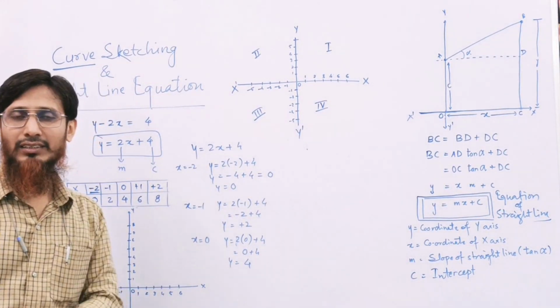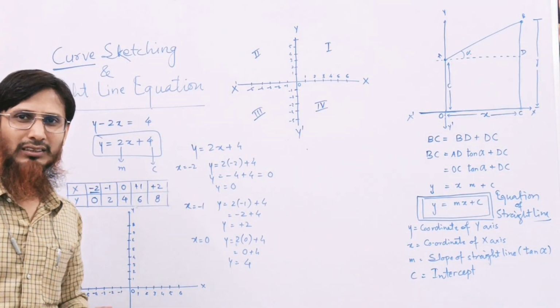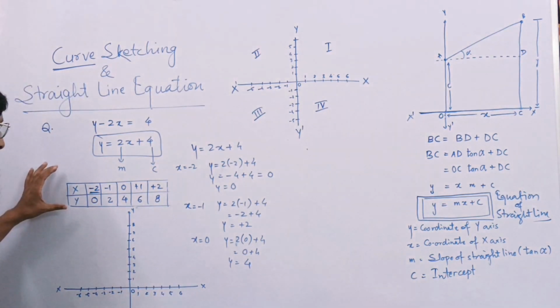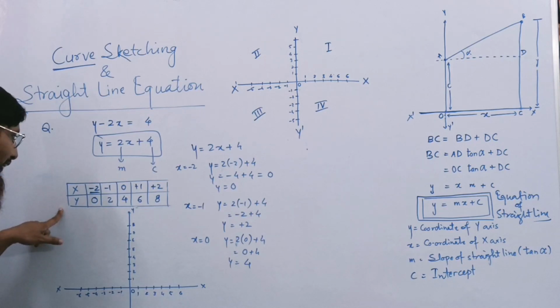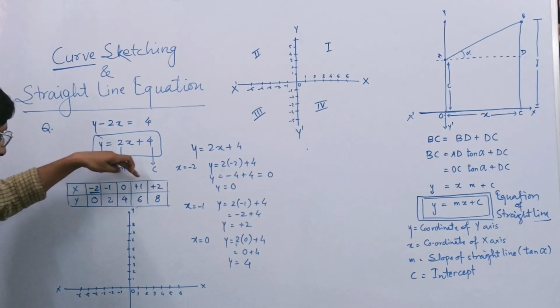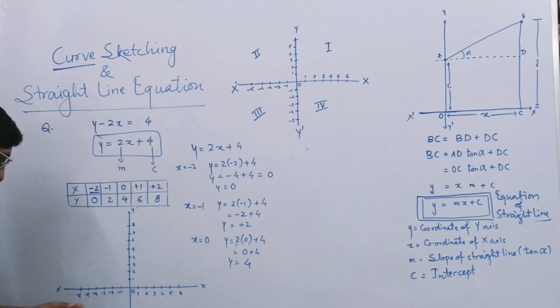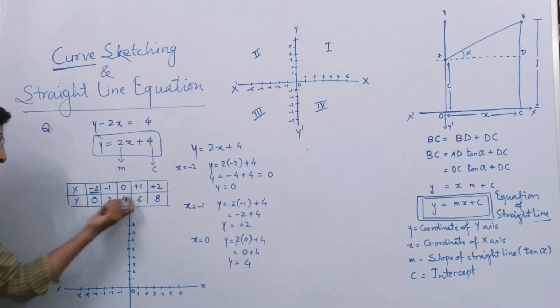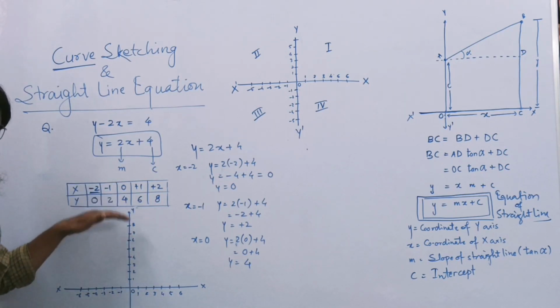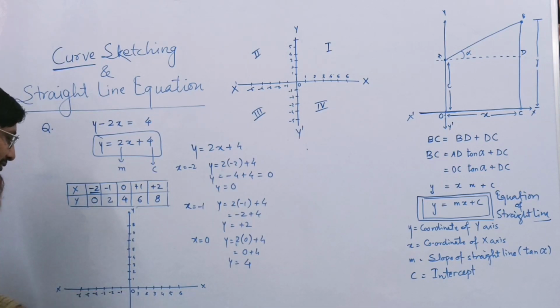So for drawing the straight line on the graph paper, we just have these values of x and y. We are getting the value of x as negative, 0 and positive, but the value of y is only positive. So I am drawing this on the plus y-axis only and not on the minus y-axis.